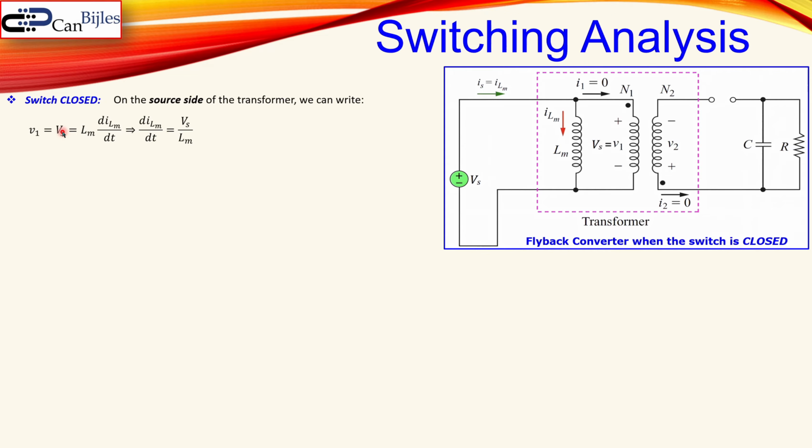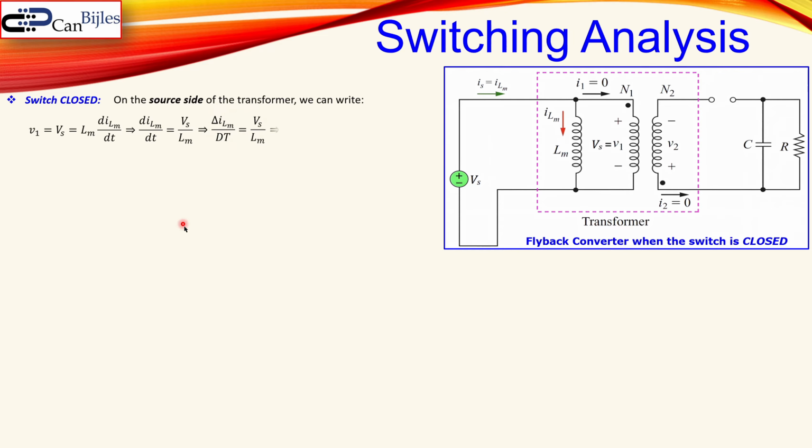That will be then Vs over Lm. That's shown here. Now, if I want to go to the delta changes, that means the delta of ILM, that will be the delta T also, but that's the first part of the switch, which means it is the duty cycle times the switching period. That's this one.